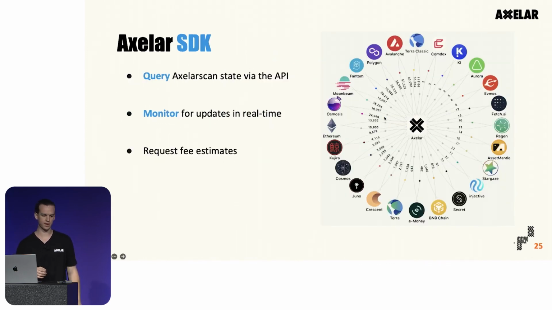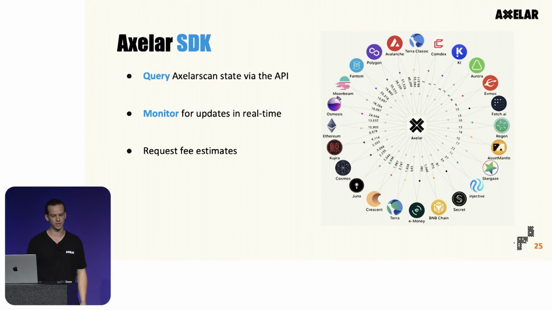Yeah, and then the SDK is where you access Axelar's state from your client front end. So you can query the state of any transactions, and you can actually subscribe to updates as well, so that your front end can be completely event-driven. You don't have to tap into all the different chains on our network individually. You just use one endpoint, and you can access everything.